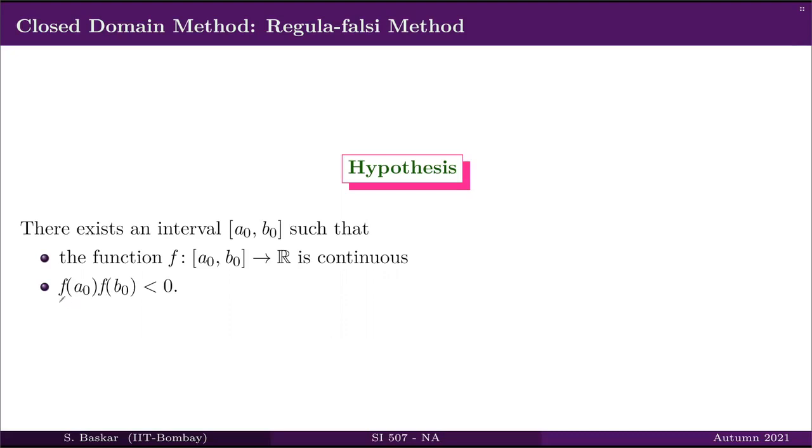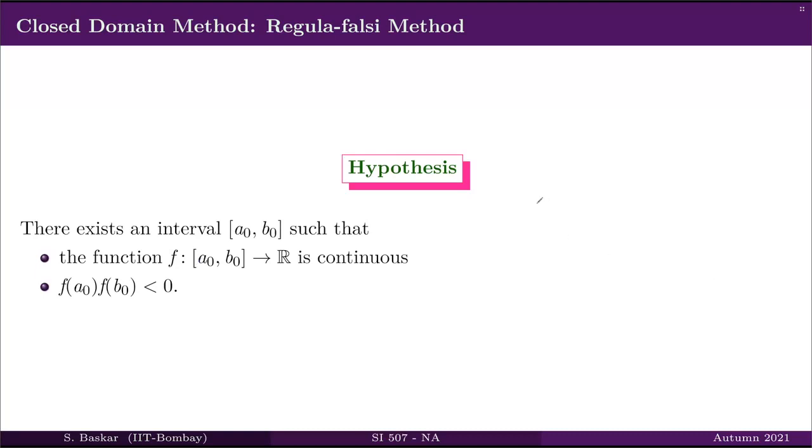Well, we have to find the numbers a naught and b naught such that f of a naught into f of b naught is less than 0. And not only that, we have to choose this a naught and b naught in such a way that f is defined in the whole interval a naught, b naught, and also f should be continuous. This procedure is not new to us because we have already learnt it in the bisection method.